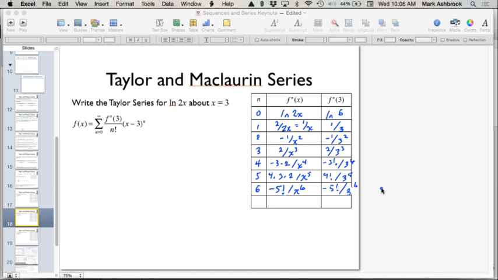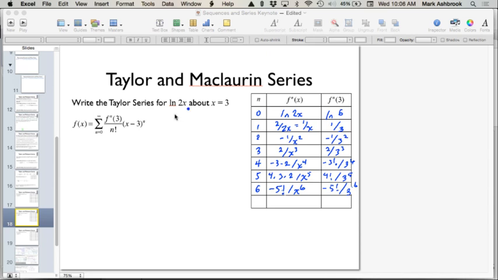And you keep getting a higher and higher power of 3 in the denominator. So that's what happens with these derivatives at 3. It alternates, first of all. It builds factorial in the numerator and builds powers of 3 in the denominator. Did you get that? And if not, do you see any questions on that?